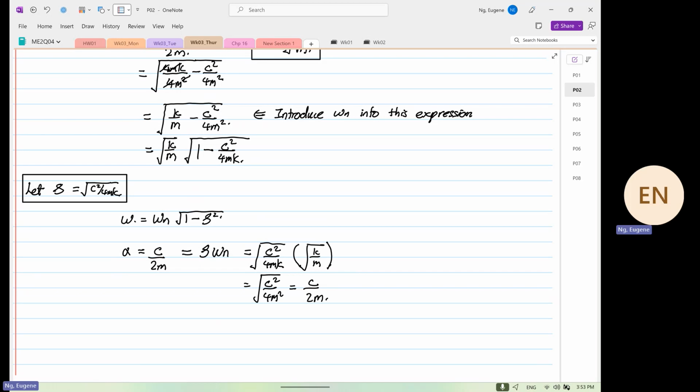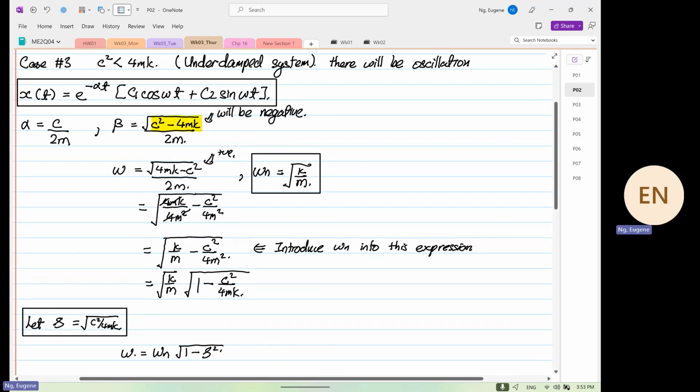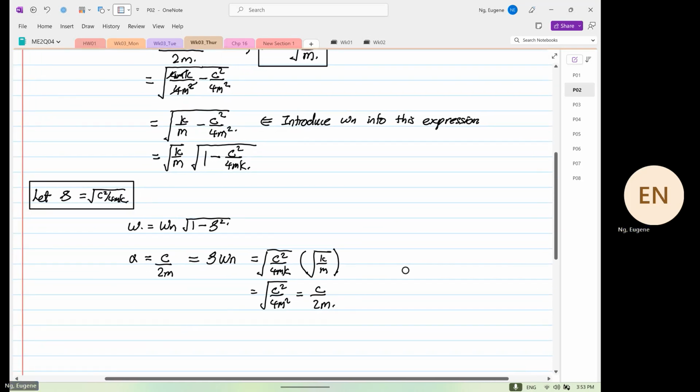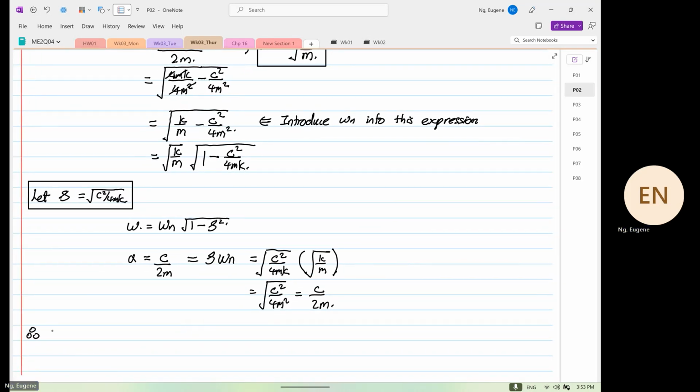So from here, we can change the expression. Therefore, the general solution will be x as a function of time is equal to e to the minus zeta omega n t, bracket c1 cos omega t plus c2 sine omega t.